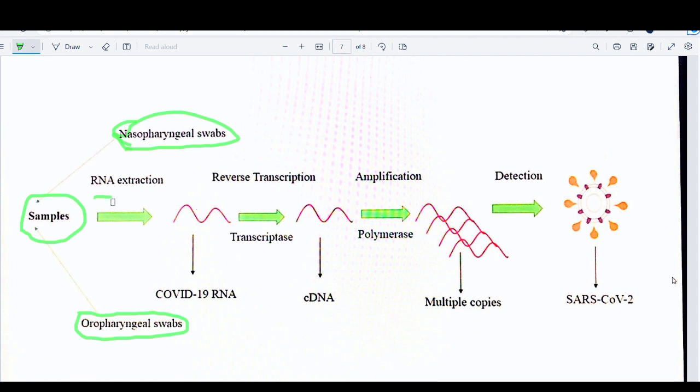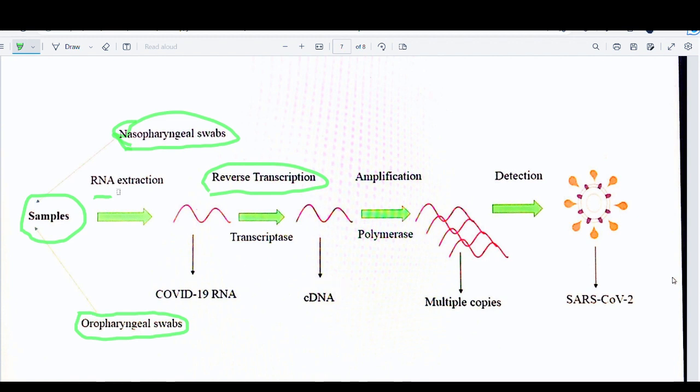First of all, we need extraction of RNA, like RNA taken from COVID-19, for example. The important thing is that we then do reverse transcription. By using a reverse transcriptase enzyme, we convert RNA to DNA.